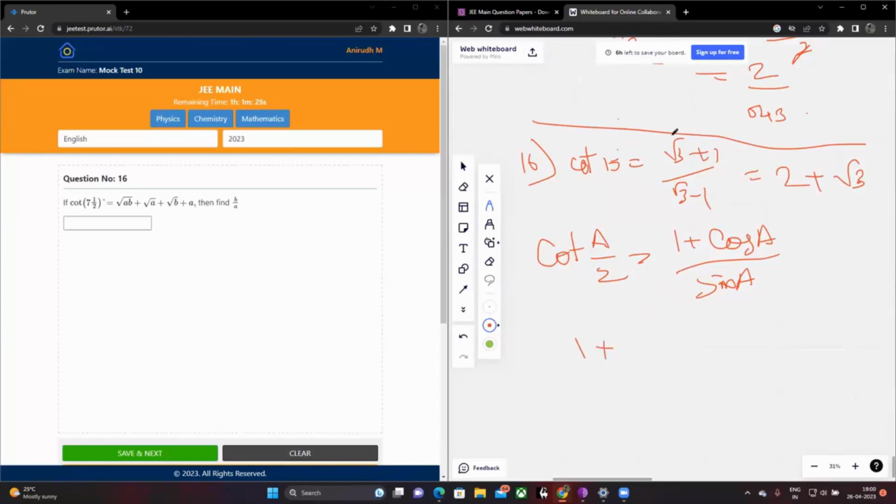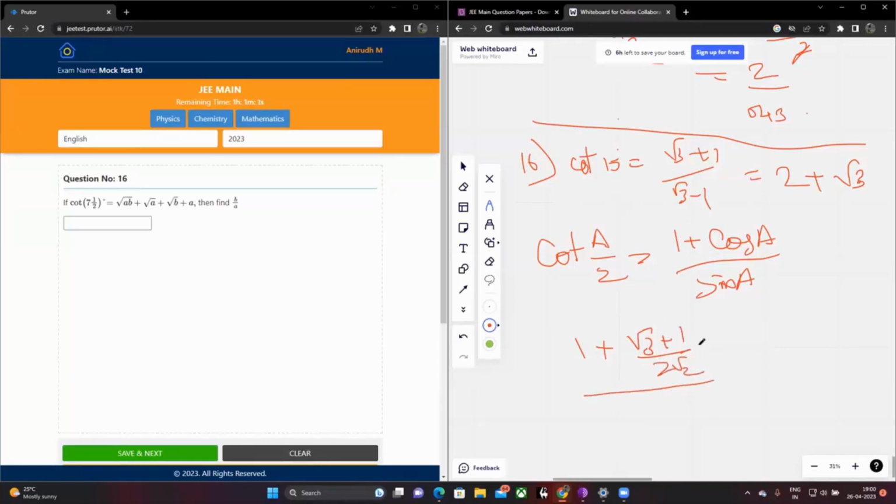This form is actually pretty useful because from this you can get the value of cos A and sine A. Since cot is basically cos by sine, you have that the numerator of cos A is root 3 plus 1 and the numerator of sine A is root 3 minus 1. And since cos square plus sine square is 1, you get that the denominator is basically 2 root 2 for both, right?